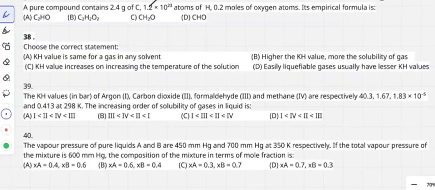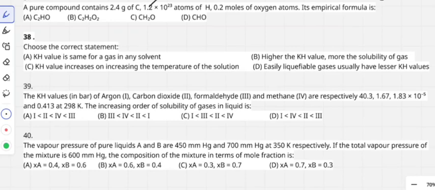A pure compound contains 2.4 gram of carbon, 1.2 into 10 raised to 23 atoms of hydrogen and 0.2 moles of oxygen atoms. What is its empirical formula? See here, for this question, first you have to calculate the mole fraction.